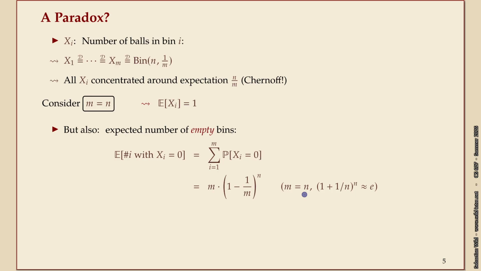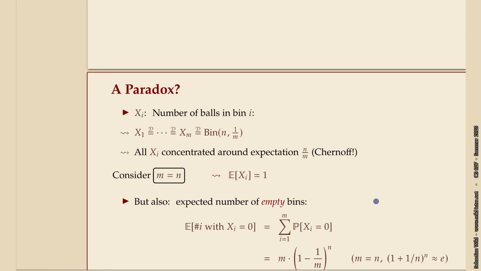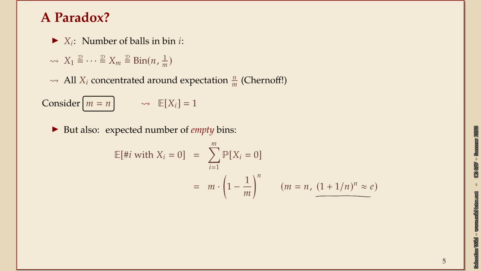And so if we set n to m, then we can use this approximation. I mean, it's really an inequality in both directions, but it's good enough, say, here for a heuristic argument. Indeed, I'm including the error bounds here.